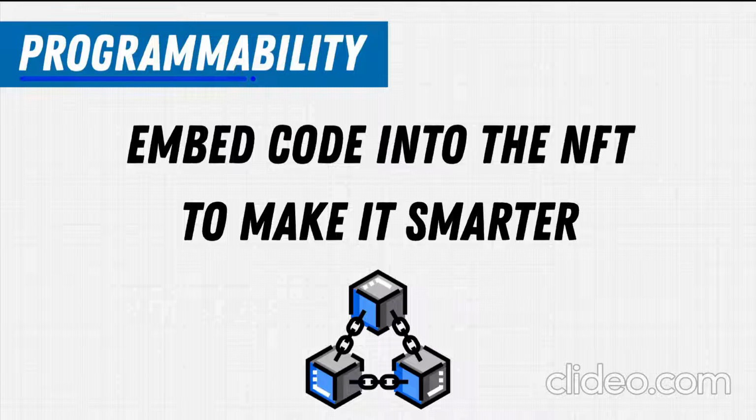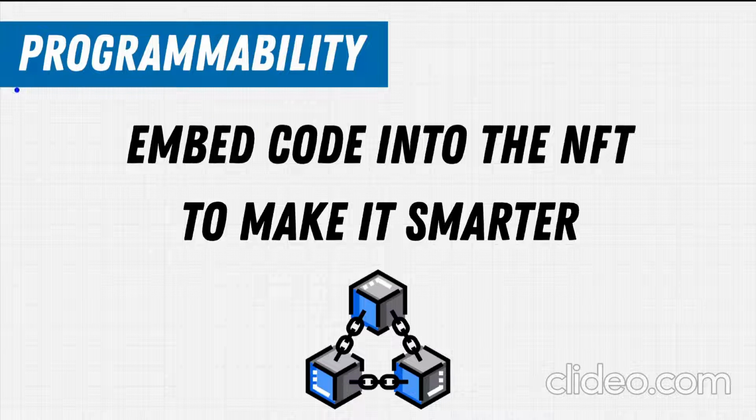Okay, and then the final thing. For NFTs to truly exist in the form that they need to be, ownership of a digital asset, we need programmability. And what does programmability mean? Well, we need the ability to embed code in the NFT to make it smarter. If it's just raw data, great, we can hold a catalog of what the thing is.